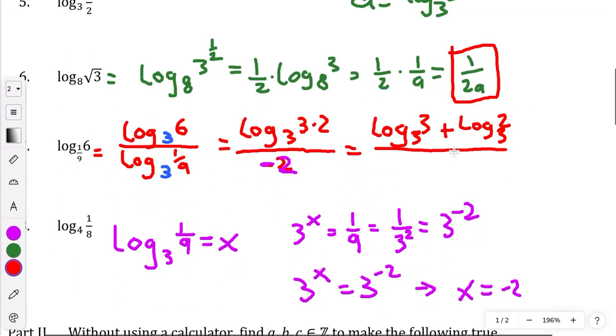Still pretty good, though. Over -2. So this is 1 plus 1/b, all divided by -2. I'm not a fan of that. Perhaps we can find some other way to express this. Or not.